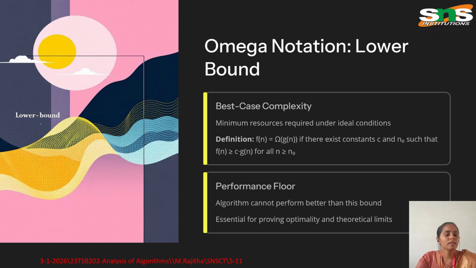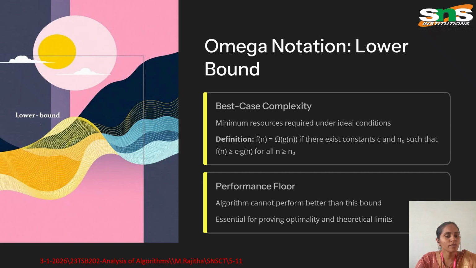And Omega notation. Omega notation describes the best case performance of an algorithm. It provides a lower bound, meaning the algorithm cannot perform better than this limit.